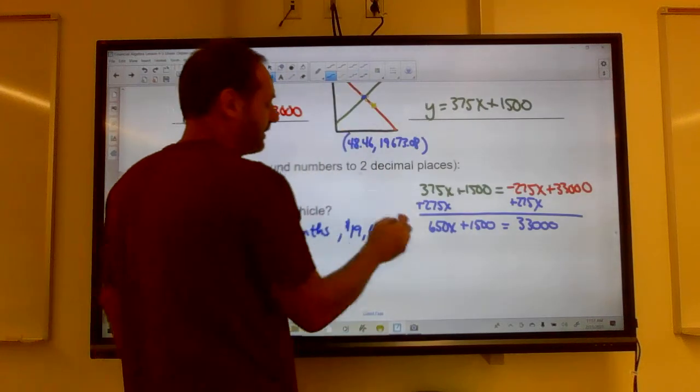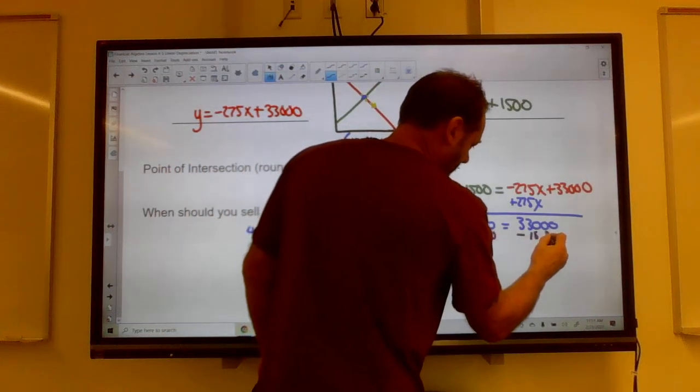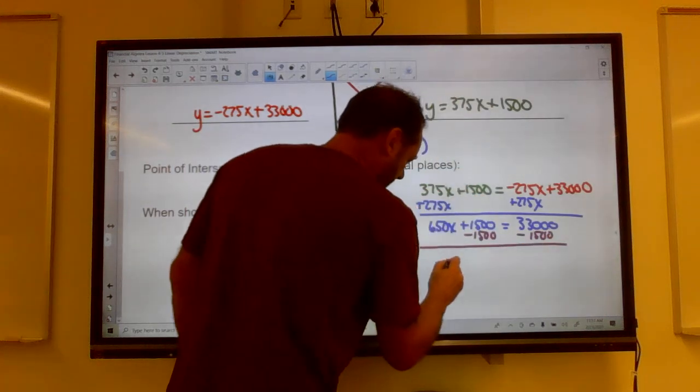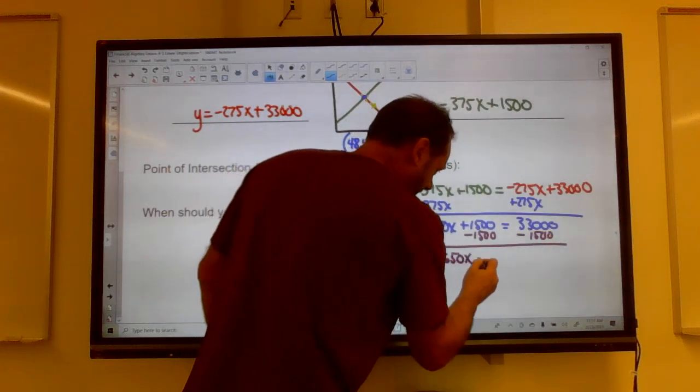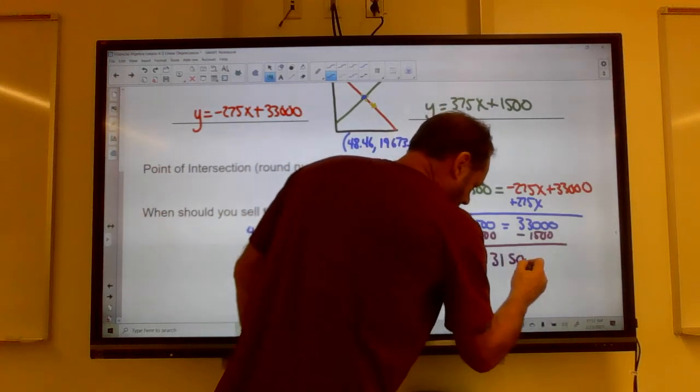Okay, next, I'm going to move the 1,500 over here. So I'm going to subtract 1,500 from both sides. So I get 650x equals 31,500.